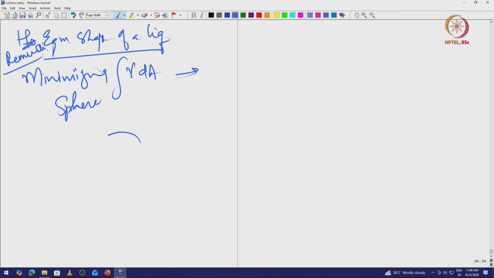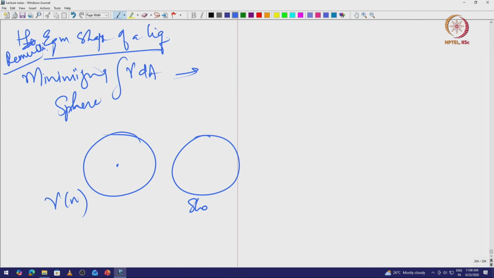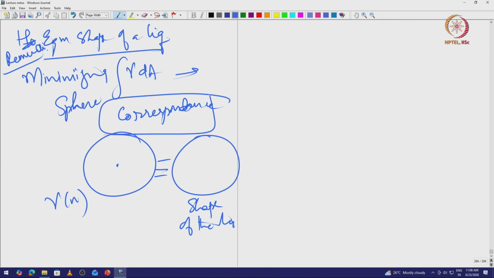So, there is some correspondence between gamma as a function of n and the shape, this is the shape of the crystal, right. So, there is some correspondence, something to note right now. These two have a correspondence, right. So, gamma and the shape of the liquid have a correspondence.